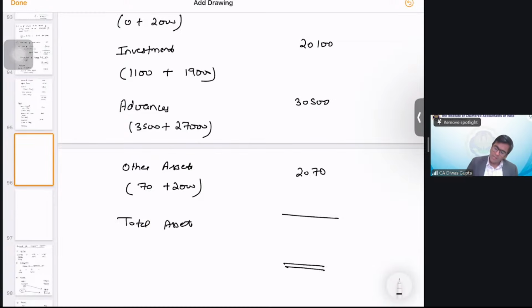Hence the total assets, if we do it now, we will not take over the preliminary expenses. This is something that we are not taking over, because this is in the nature of unadjusted expenses, that will get adjusted with the reserves and surplus. In the calculation also, we have adjusted it. So we will not be taking it ahead. So the total assets comes out to be 57,570.